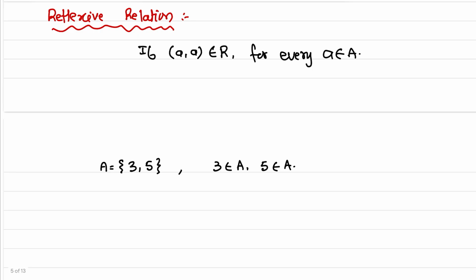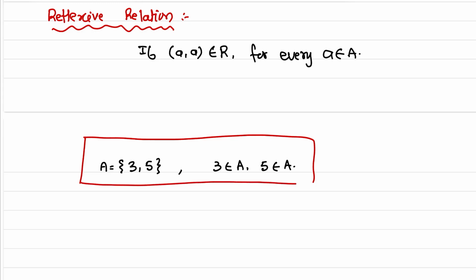And what are the elements? 3 belongs to A and 5 belongs to A. That means for every a belonging to A, the relation should contain (a, a). Are you able to follow me? Please follow this. Understand me carefully. 3 belongs to A and 5 belongs to A. For every a, (a, a) belongs to the relation.